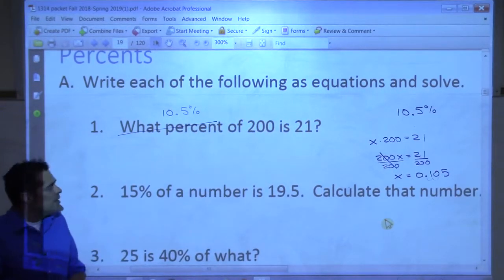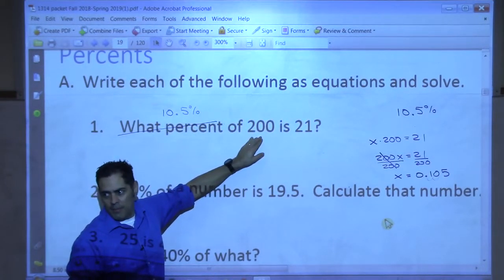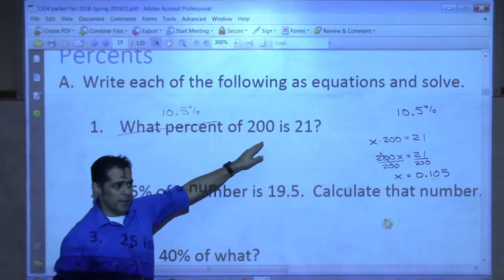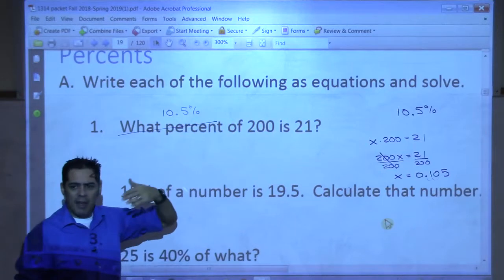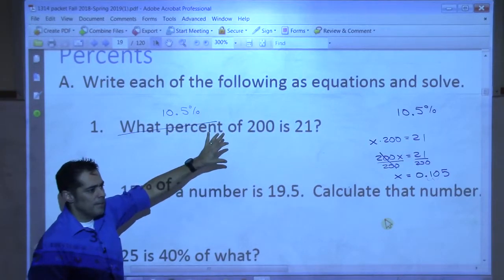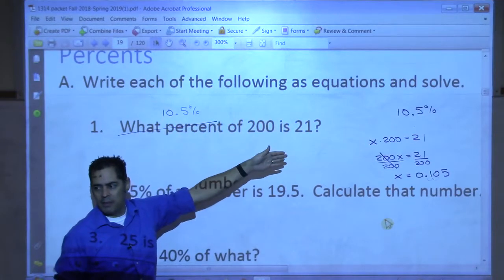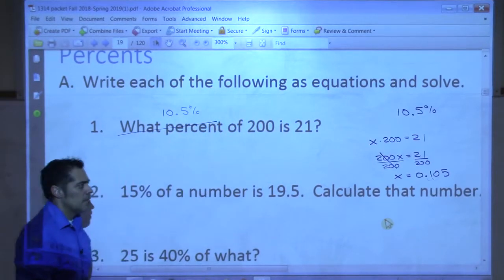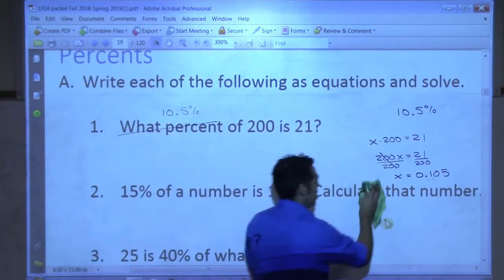So if I say what's 10% of 200, my number should not be bigger than 200, right? What would 50% of 200 be? Half of it, right? 100? So you can get an idea, does this make sense? Just 10% of 200 would be 20. So if that helps, great. If not, trust your answer, move on, right?